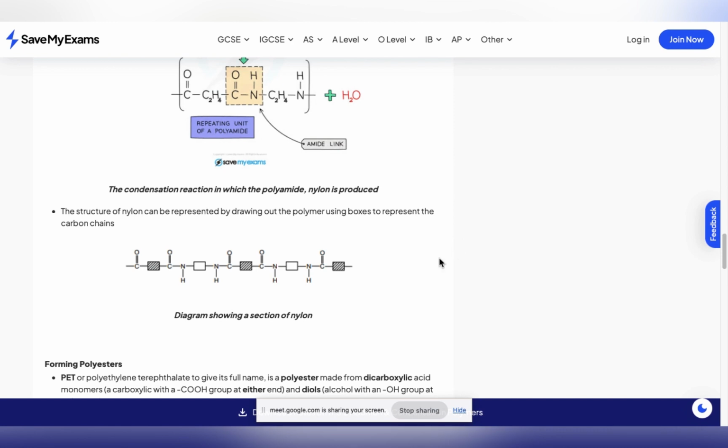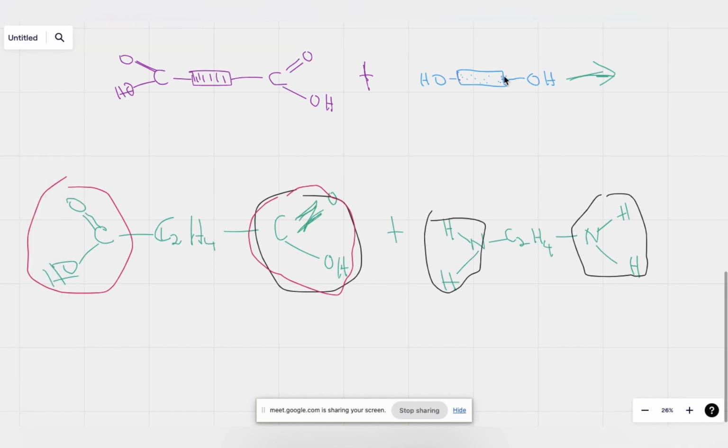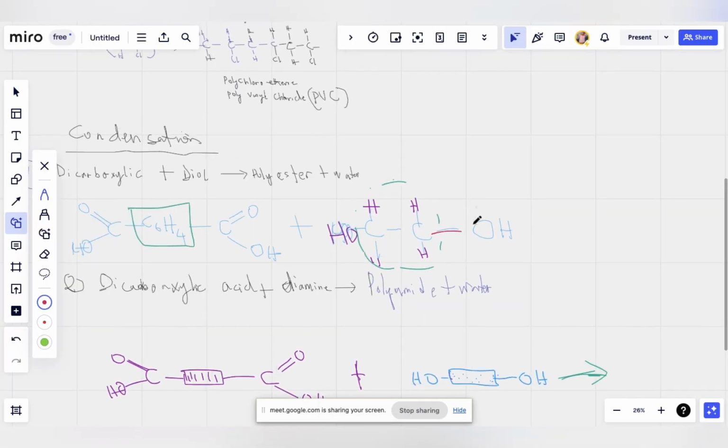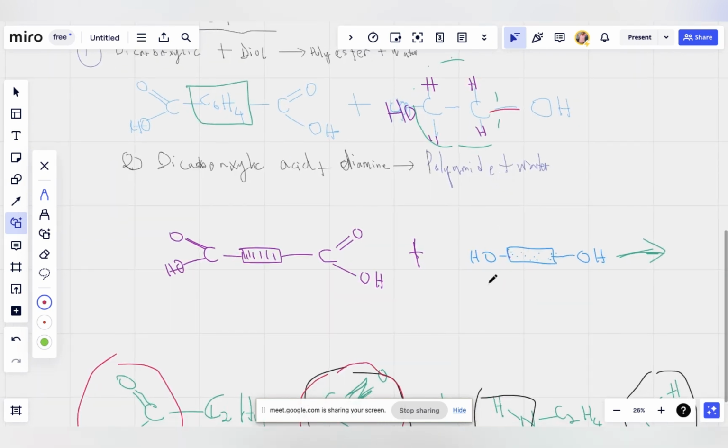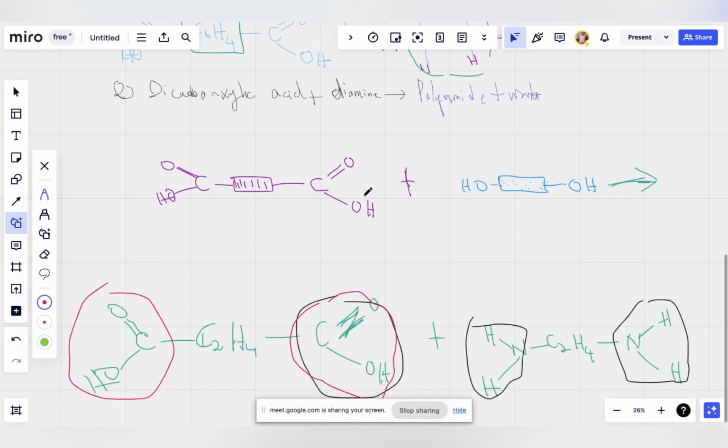In this case, we will have a double bond to O on both sides, and we have only N to H. So if we come to the equation we wrote before, what we have for this amine case is that this H we take on this OH to form water.